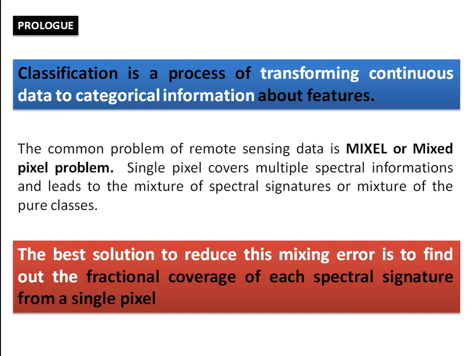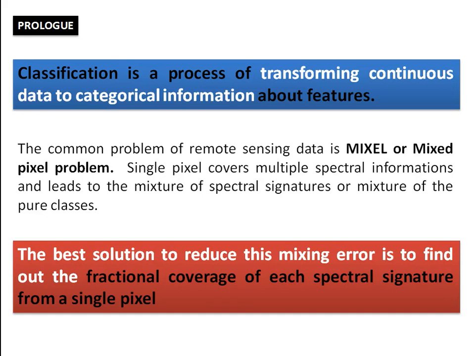It is a basic problem, and the best solution to reduce this kind of mixing error is to find the fractional coverage or the percentage coverage of each spectral signature from a single pixel. It is very important that this fractional coverage should vary between 0 to 1 or 0 to 100%.